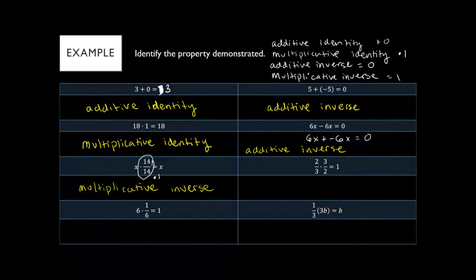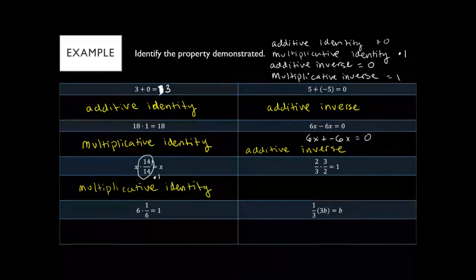Okay, next one on the right, we've got 2/3 times 3/2. Oh, I thought I was going to sneeze and then it went away. We've got 2/3 times 3/2 equals 1. So which property do we think is going on there? Oh, and I just realized that I wrote inverse when I meant property. See, I do this all the time.